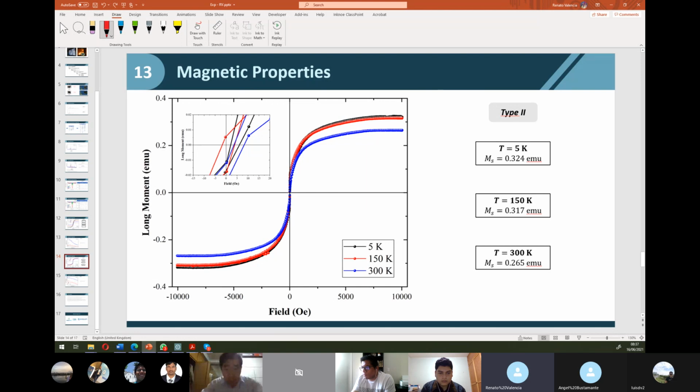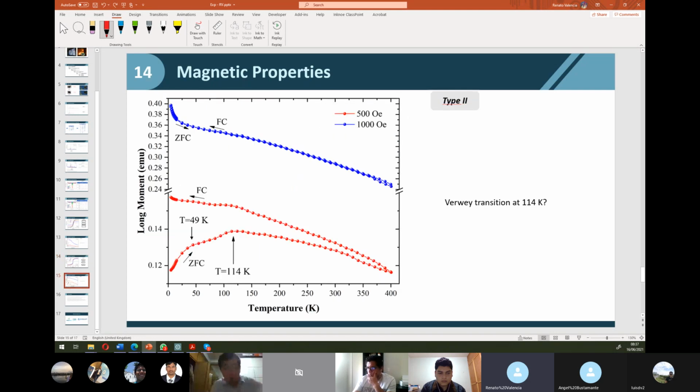And in type 2 samples, this curve apparently is superparamagnetic. This sample has a superparamagnetic behavior, and the particle size of this sample is very small. It's nanometric particles.